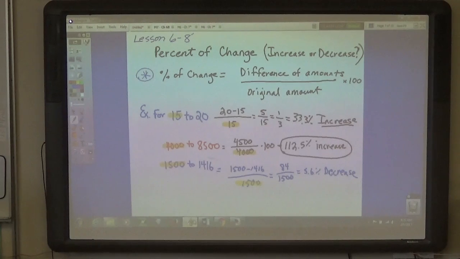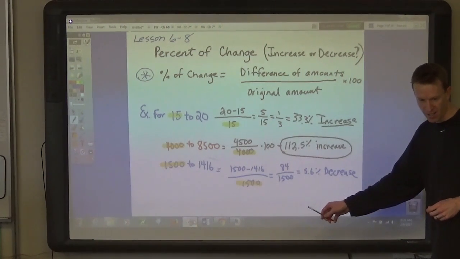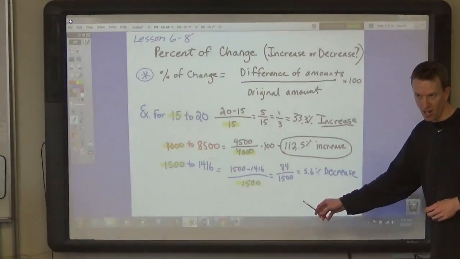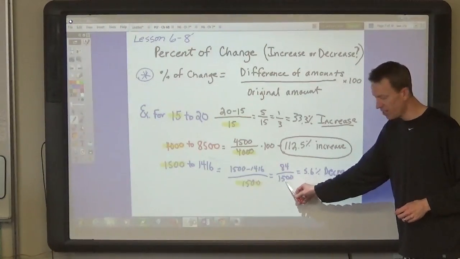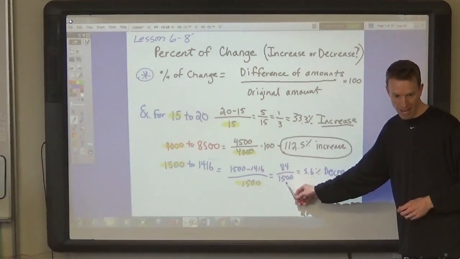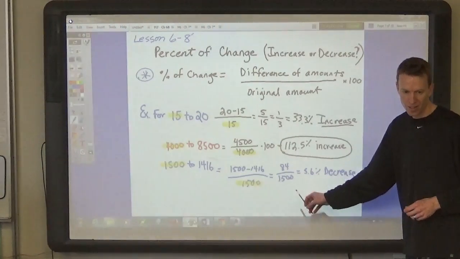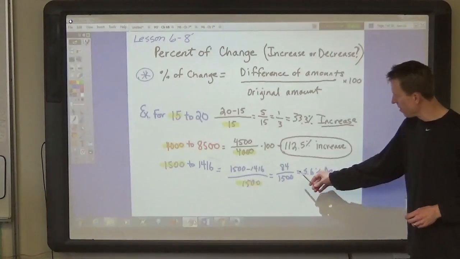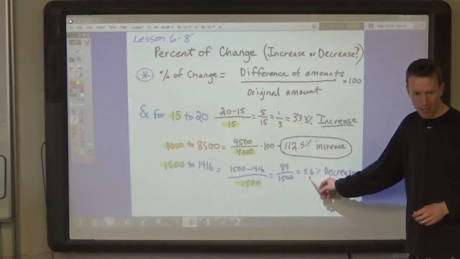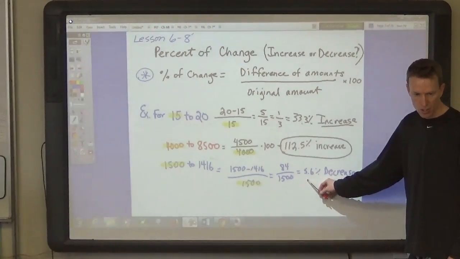You times the decimal by 100 to convert it to what, Carson? The fraction to a decimal is divide the top number by the bottom number. And then multiply the decimal times 100 to convert it to what type of number?